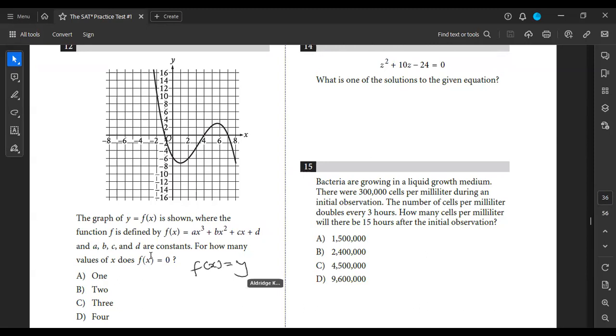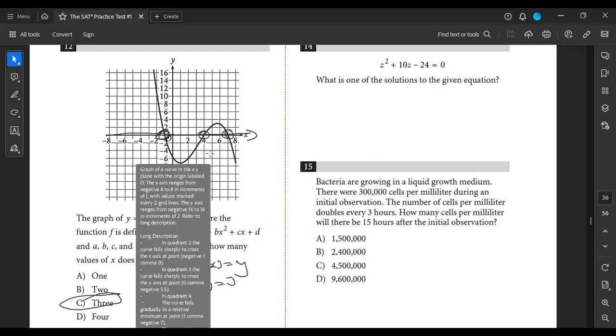So if f of x is equal to 0, it means y is equal to 0. So our solution here, you're right. The answer is 3. So yeah, there we go.